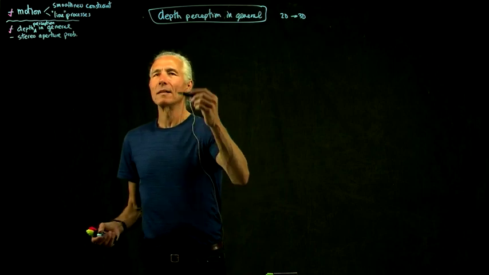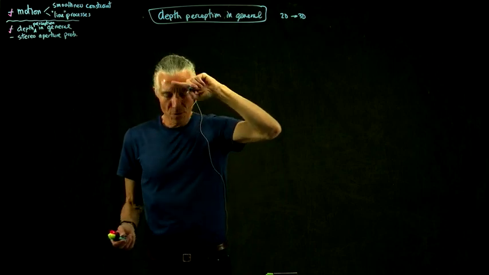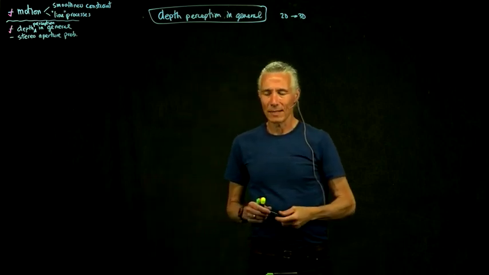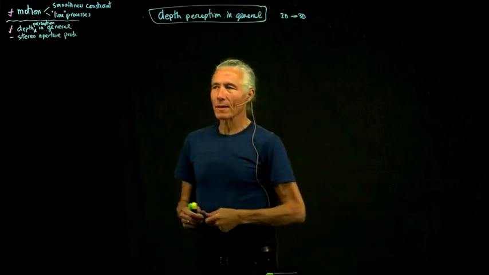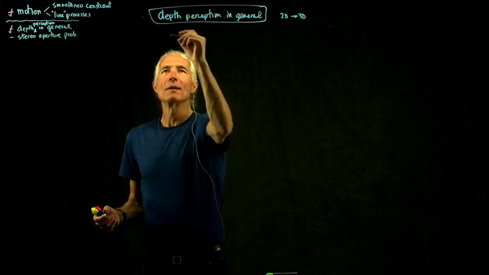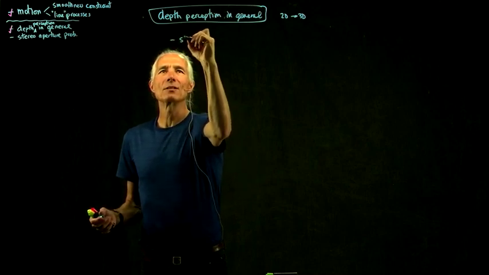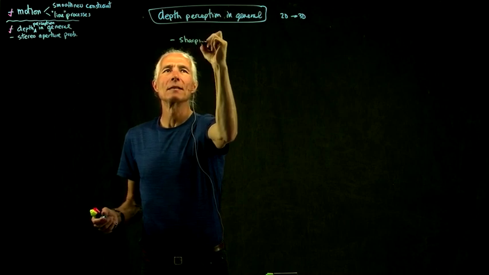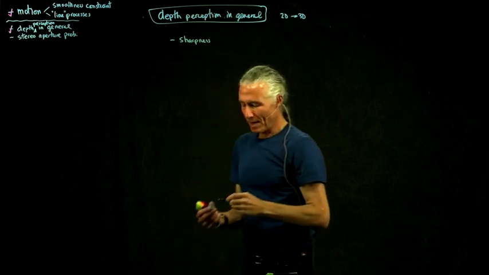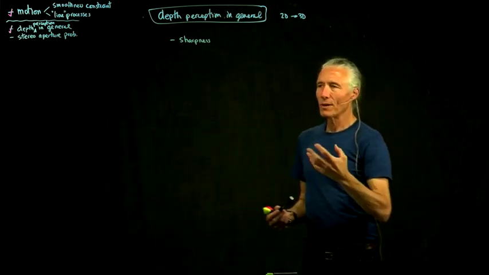And artists have known about this and sort of intuitively figured out how to do some of these things in order to make a painting that looks like it's got depth in it. One of the very basic ones is just the sharpness, how blurry an object is.